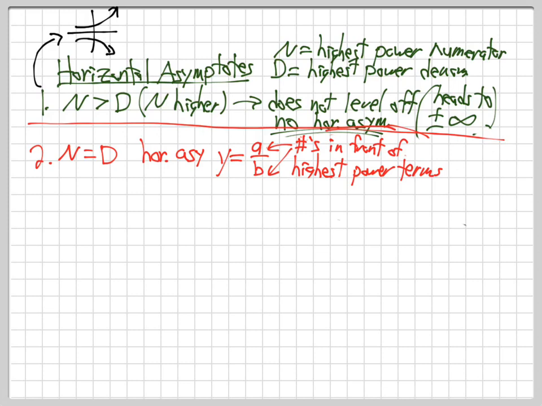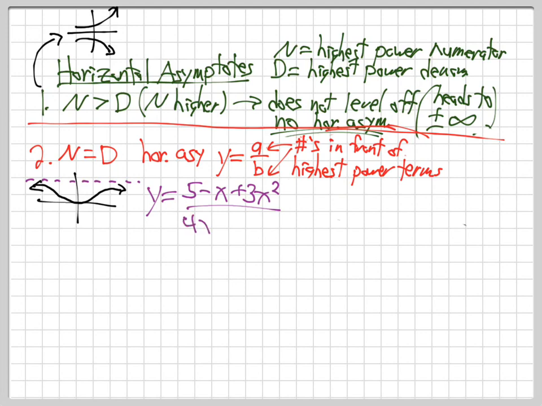All right, so you just take the numbers in front. So this would be a case where the graph does level off at a certain height, like maybe, let me give you an example. So y equals 5 minus x plus 3x squared over 4x minus 2x squared plus 7.